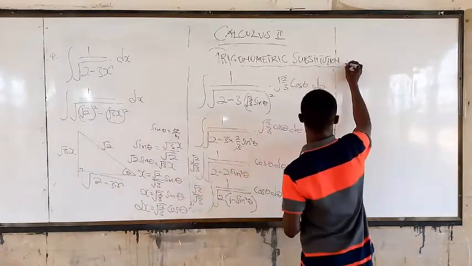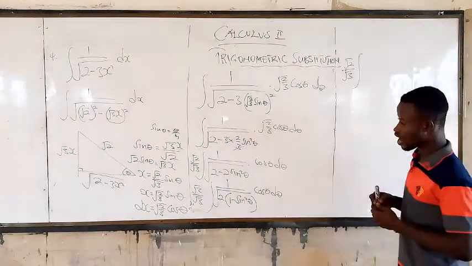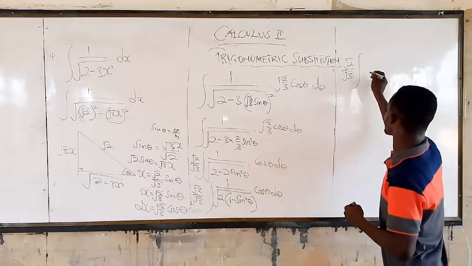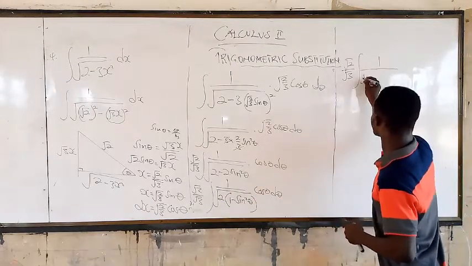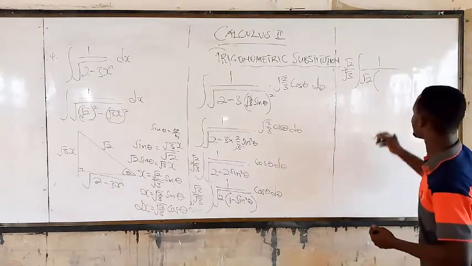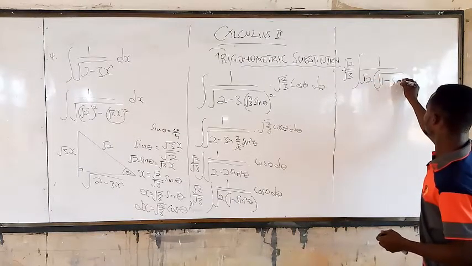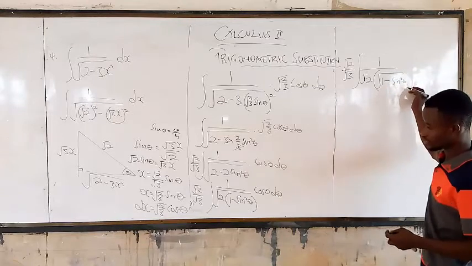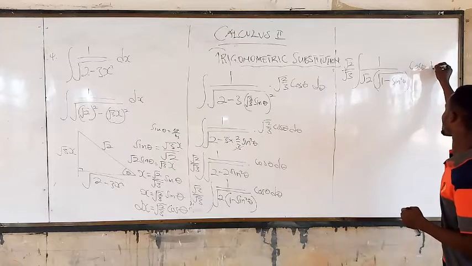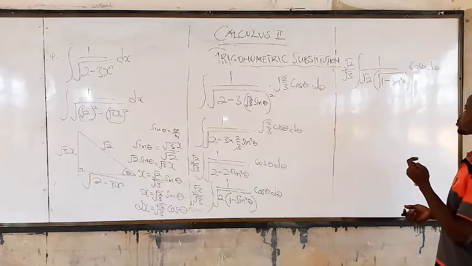And here we get square root of 2/square root of 3 integral of here. We can also bring out square root of 2, 1/square root of 2. This is just algebra. Okay? And here will be 1 minus sine squared theta. Alright? Cos theta d theta. Hope you can see that.